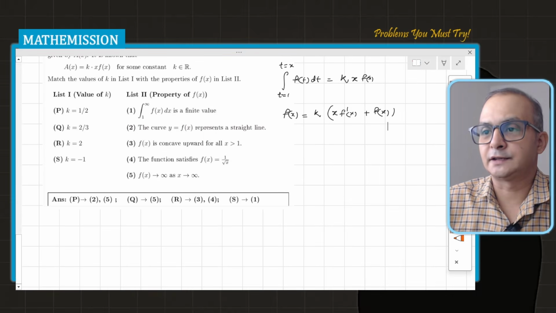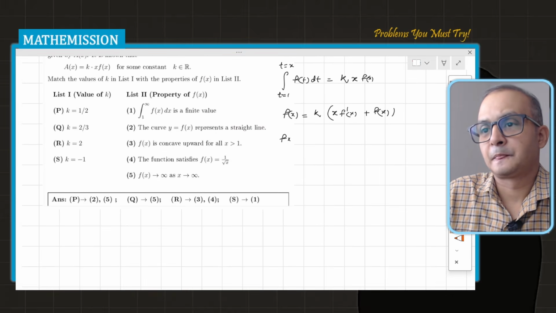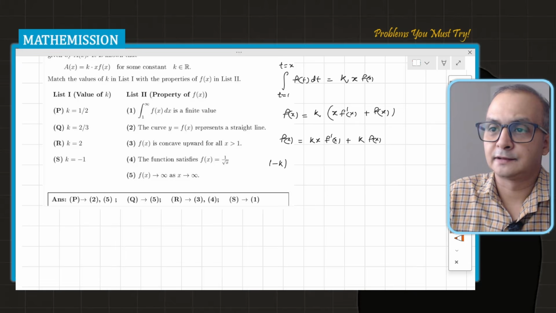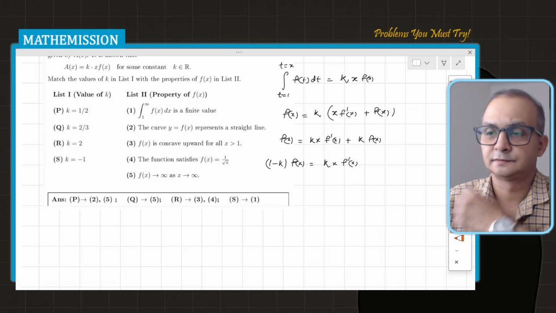So what we can write here is f(x) is equal to kx f'(x) plus k f(x). Now this is (1 minus k) f(x) is equal to kx f'(x).